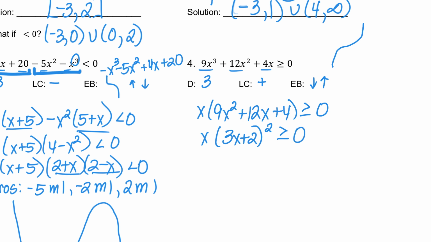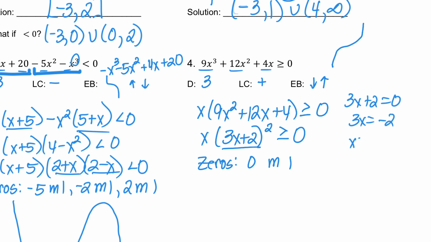Okay, so my zeros are going to be 0 with multiplicity 1. This one, if you need to, you can come over here, set it equal to 0 and solve for x. So it's going to be -2/3. Some of y'all are getting where you can even do those in your head. Okay, so I have -2/3, and this one has multiplicity of 2, so it's going to bounce there.